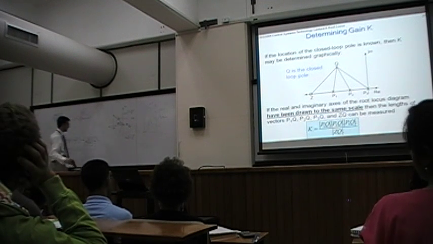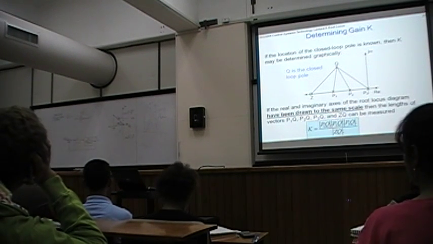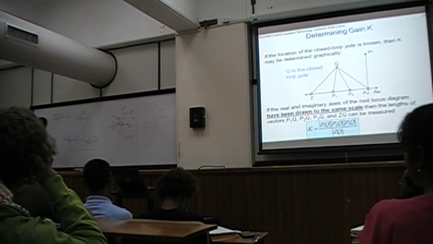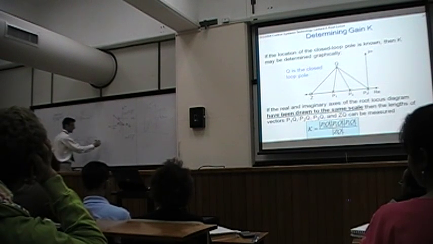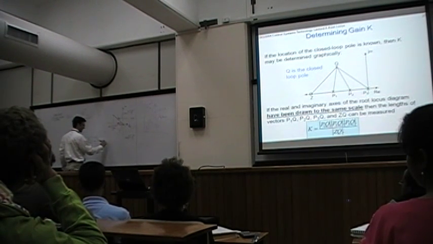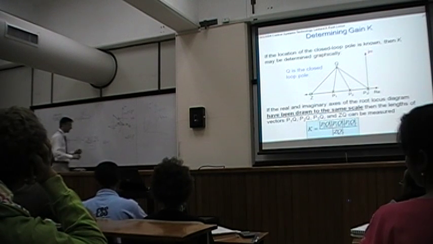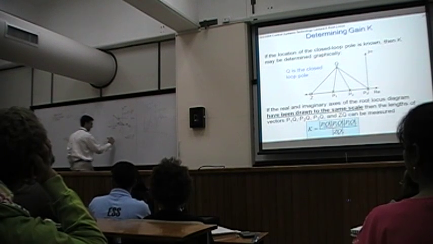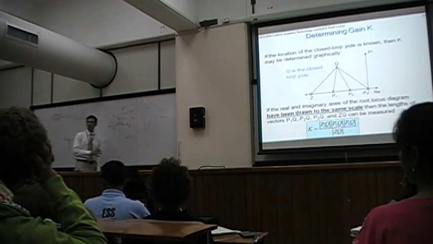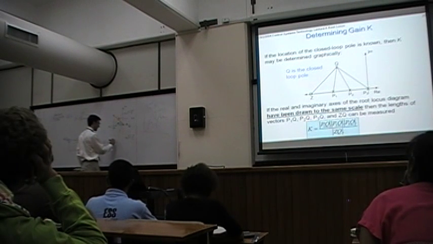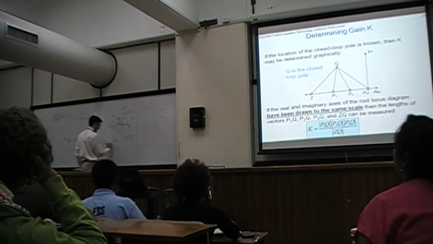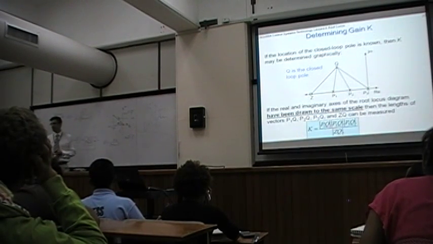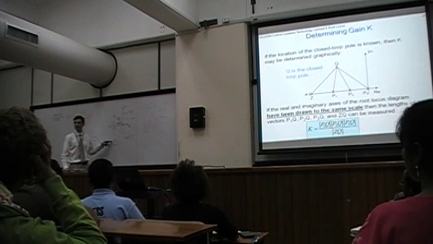Okay, so if we have a transfer function looking like this, your true value of gain k is what? You take your loop transfer function, G(s) equals what? Loop transfer function: 15k over s squared plus 3s plus 2. So the true value of k in this case isn't k, it's 15k.